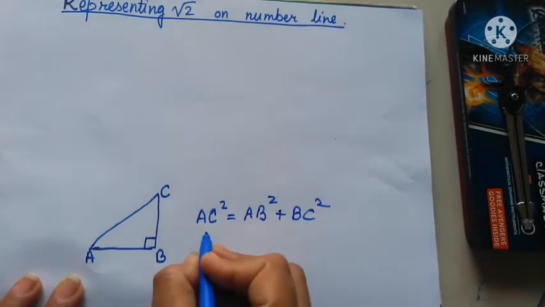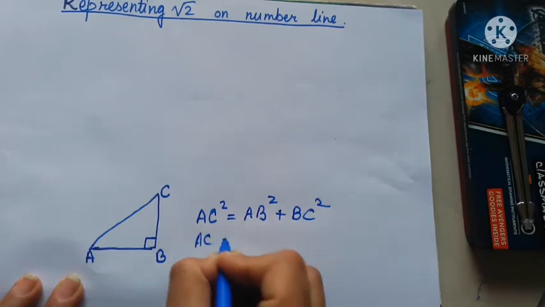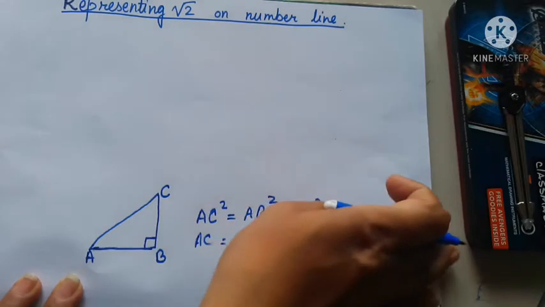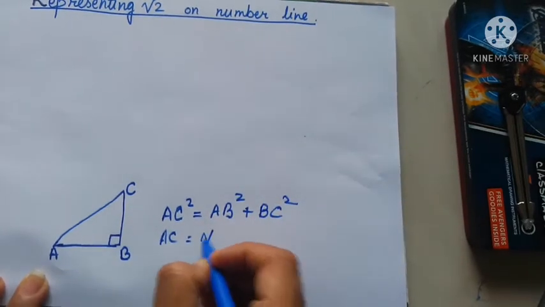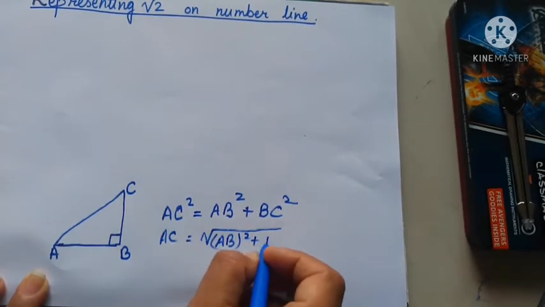Right, and this hypotenuse over here, if I want to calculate, it is given as under root of AB square plus BC square.